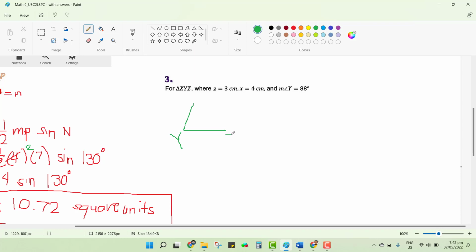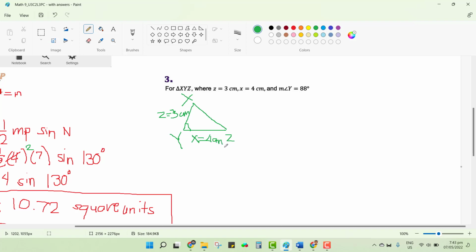So this is where z is, and this is where x is. So this is my triangle. This is angle y, which measures 88 degrees, and this is z, the shorter one, which measures 3 cm. And x here is small letter x, which measures 4 cm.